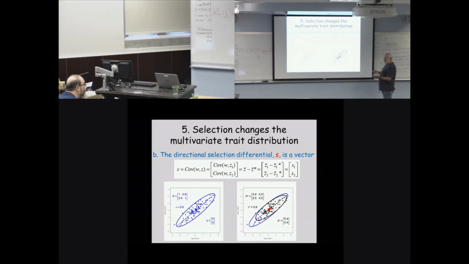We got a change in variances that we're going to also call the selection differential. It's a vector of covariances. It's a shift in two means, in the mean of trait 1 and the mean of trait 2, S1, S2. That's the vector representation. It's a little red arrow that happens to look like this, right? Okay?